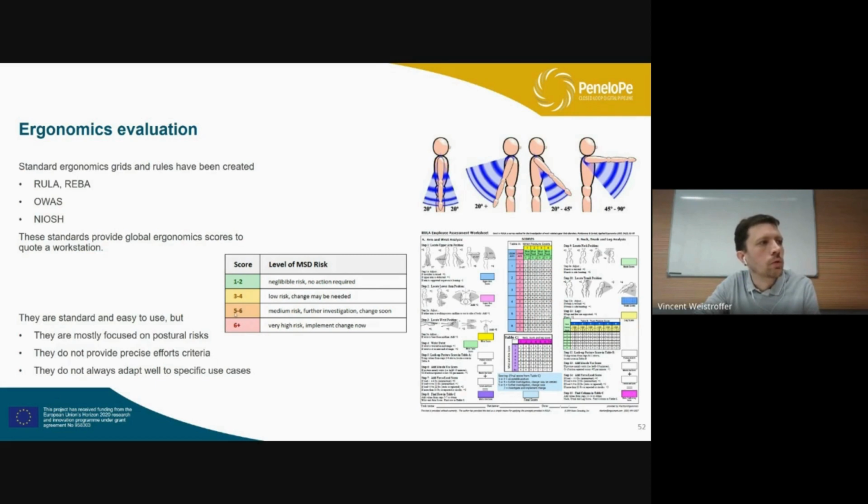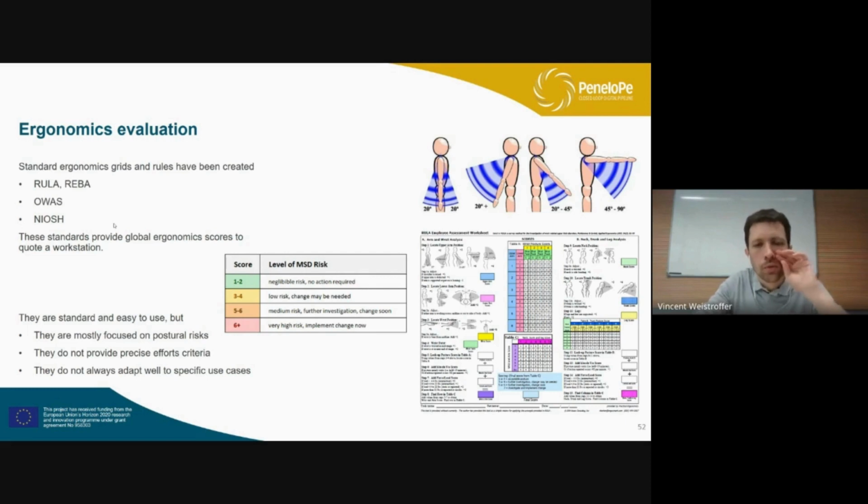If the score is between 5 and 6, then the risk is medium. You need to investigate further, and you should change the workstation in the short term. And a final score above 6 is a very high risk. You should change your workstation right now, or you should change your posture right now, okay?